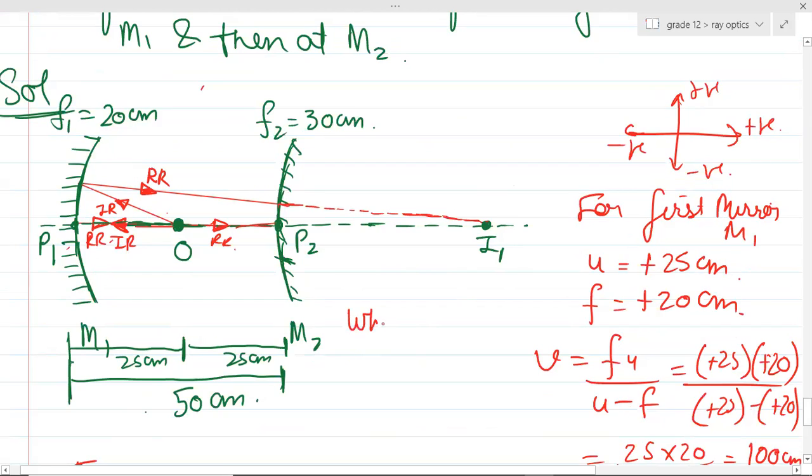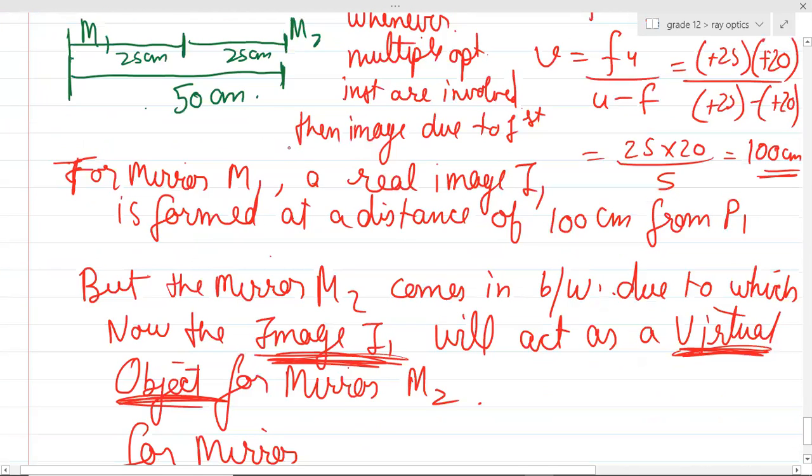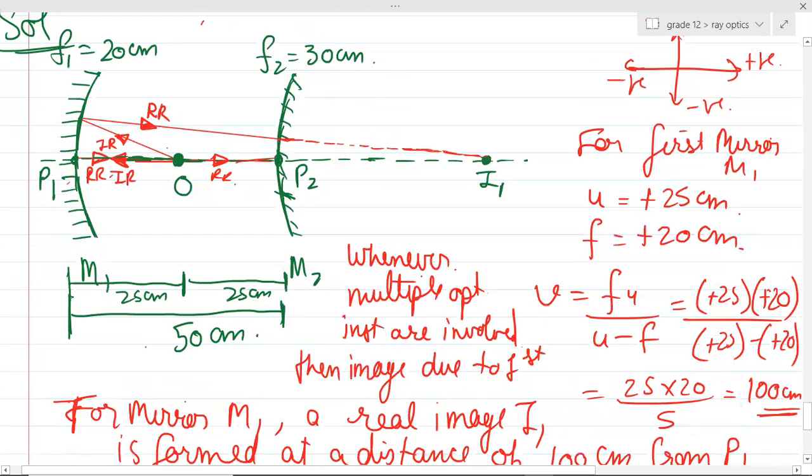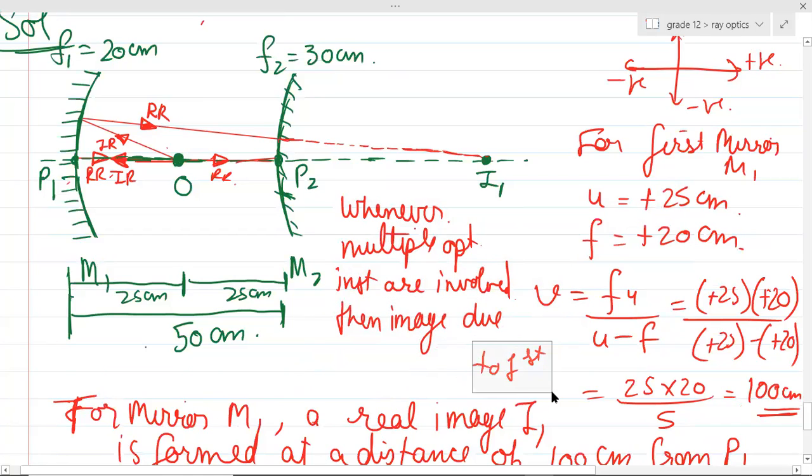So whenever multiple optical instruments are involved, the image due to the first acts as the object for the second, and so on.